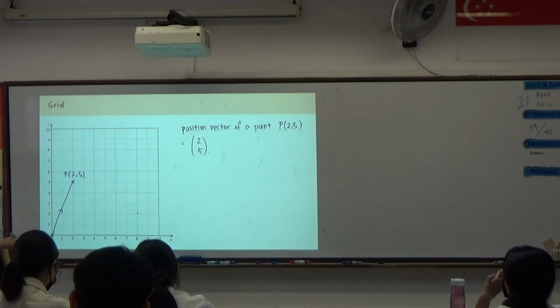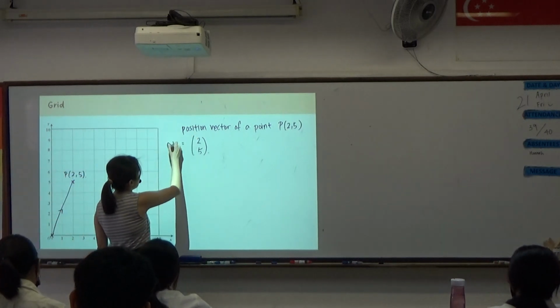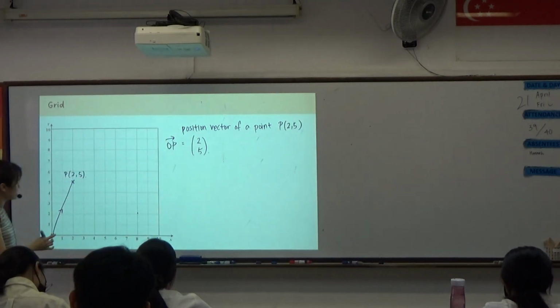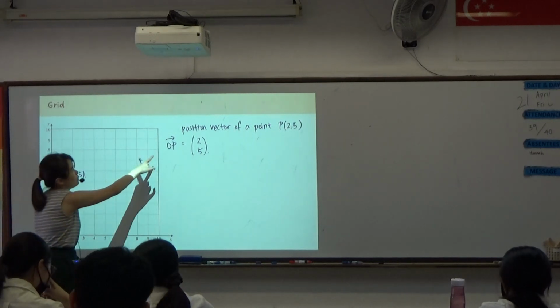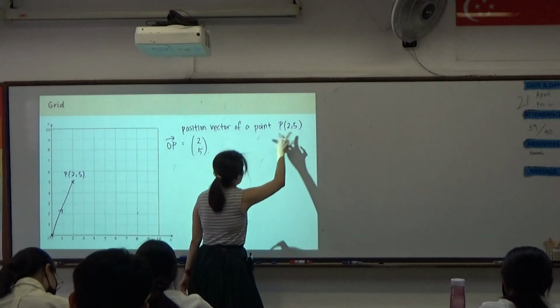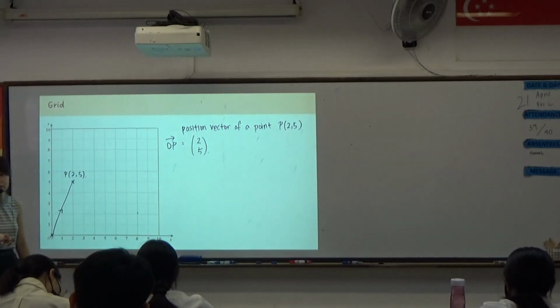We express position vector with the notation OP because it is from the origin to P itself. So position vector refers to taking the coordinates and transforming them into a vector. Right? So that's what position vectors are about.